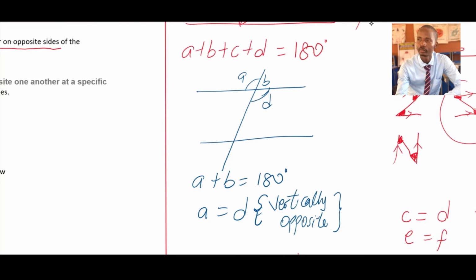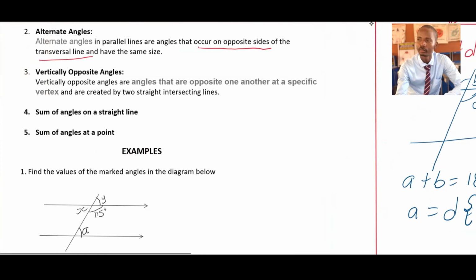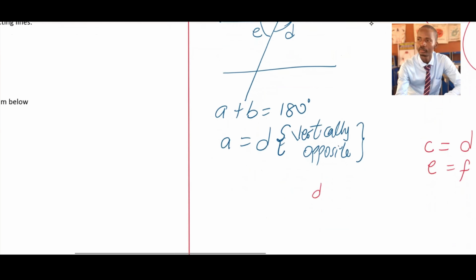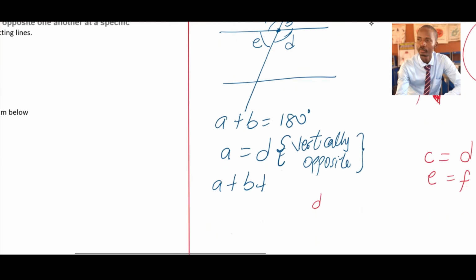All right. So sum of angles at a point. Let's have this to be equal to E, right? So we are looking at this point. So we know that A plus B plus C plus D plus E gives us 360 degrees.